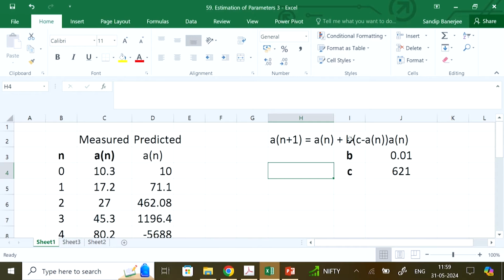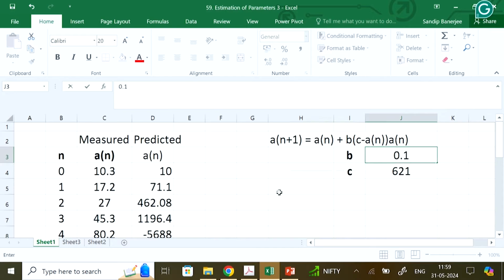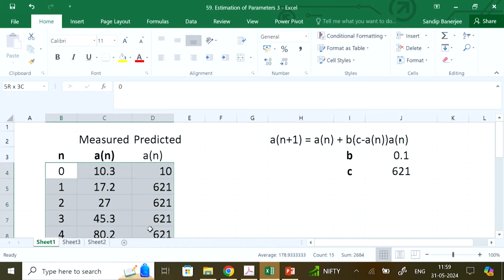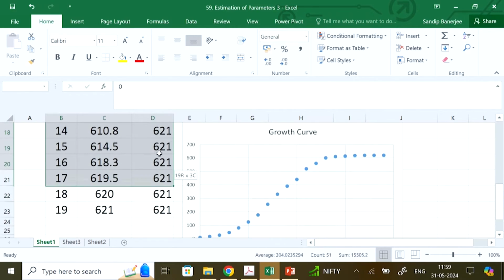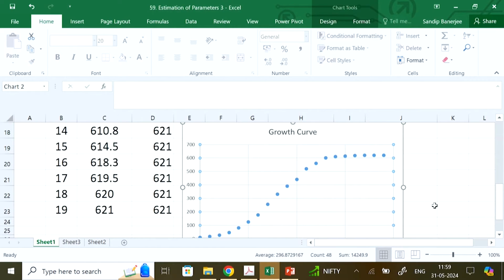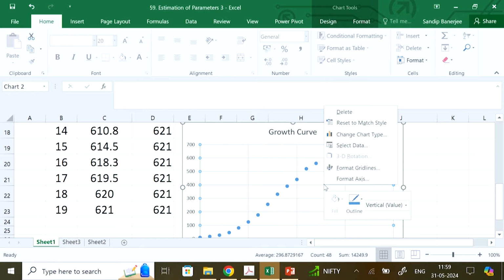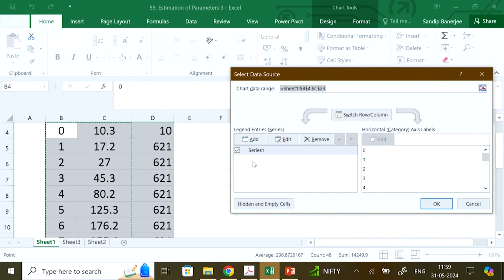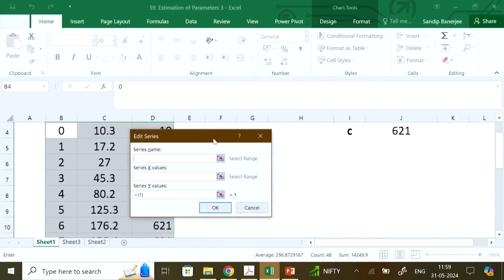Okay, let us now plot these values first. So, I have to come here, I have to select data, and I have to add data.